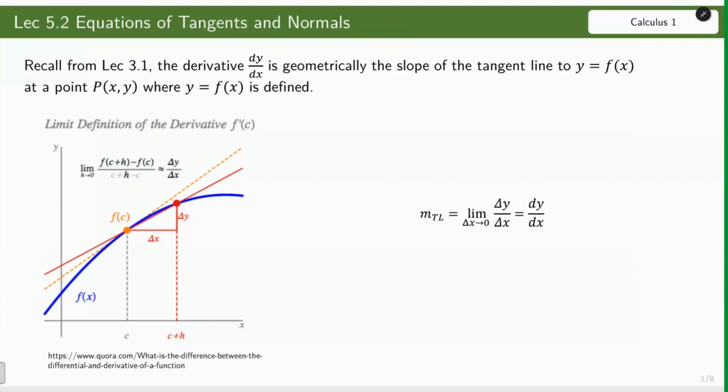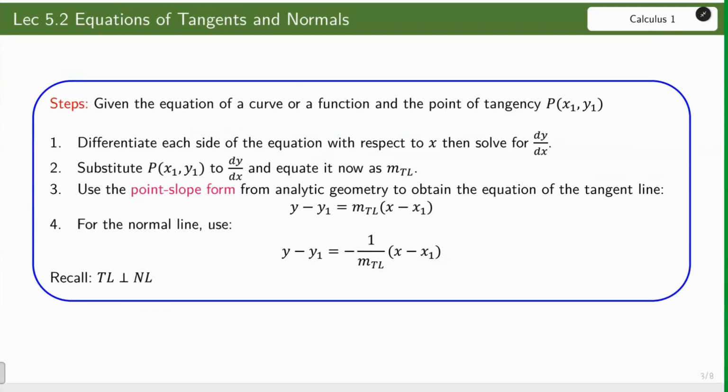Here in this lecture video, we are going to find the equation of the tangent line as well as the normal line. Here are the steps. Given the equation of a curve or a function and the point of tangency P(x1, y1), first, differentiate each side of the equation with respect to x, then solve for the derivative.